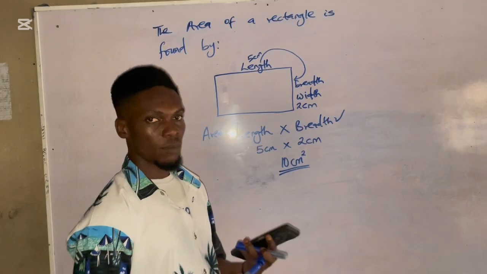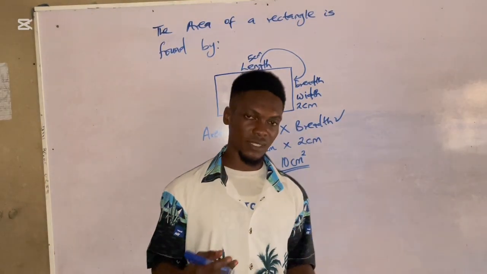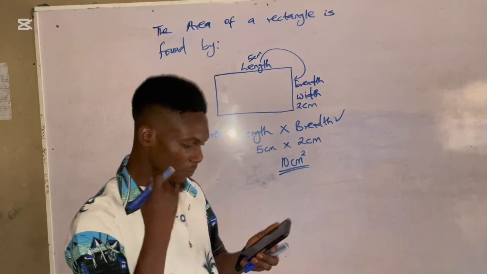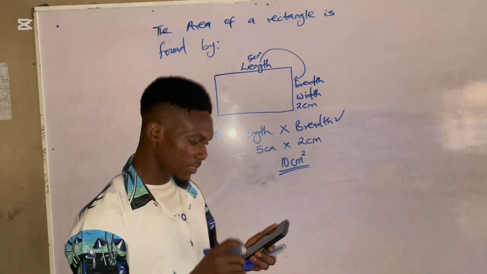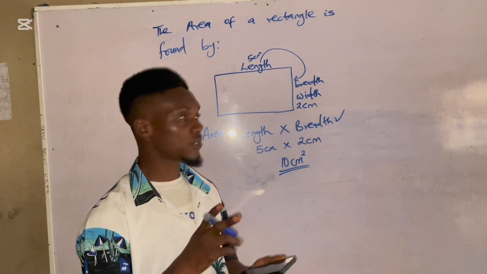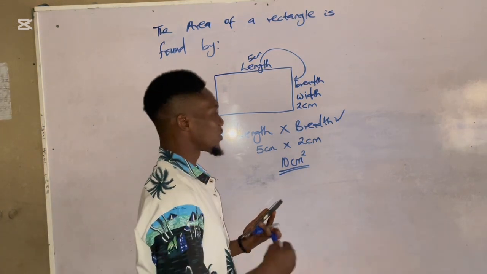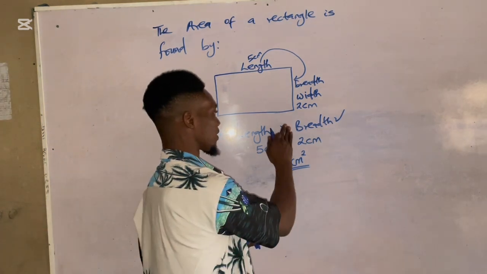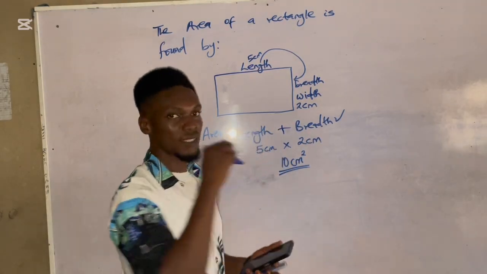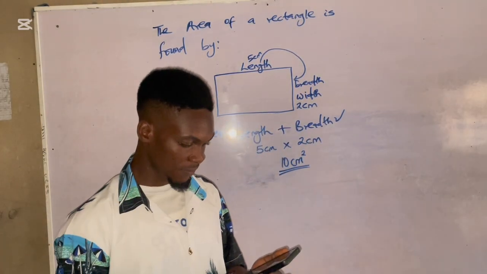That is the area. But for now, they are just asking us what is the formula. So the correct answer here is option C, length times breadth. In option A, you can see length plus. Don't go and pick plus, there is no plus in your area. It's not length plus breadth. You are multiplying it and not adding.